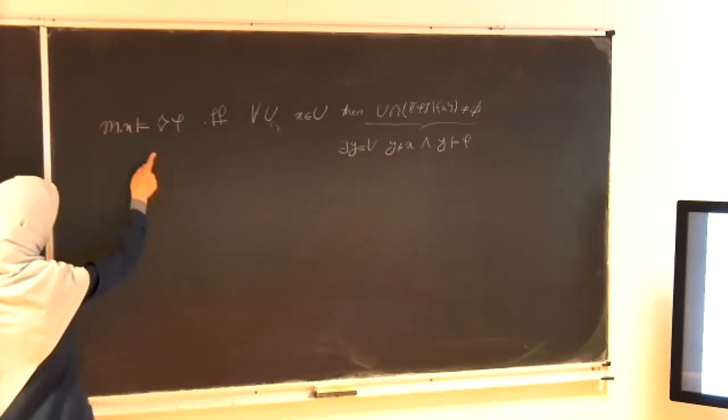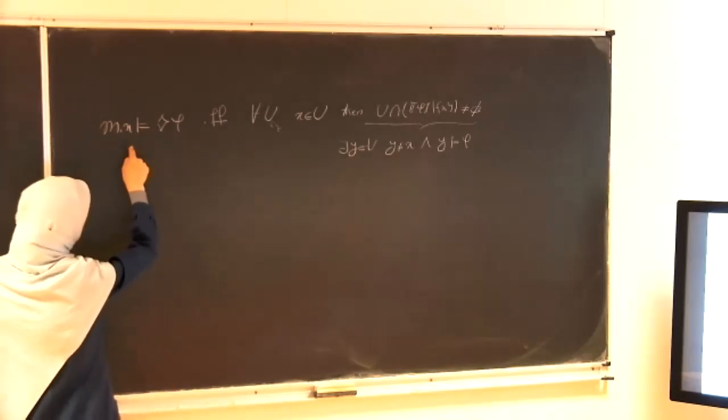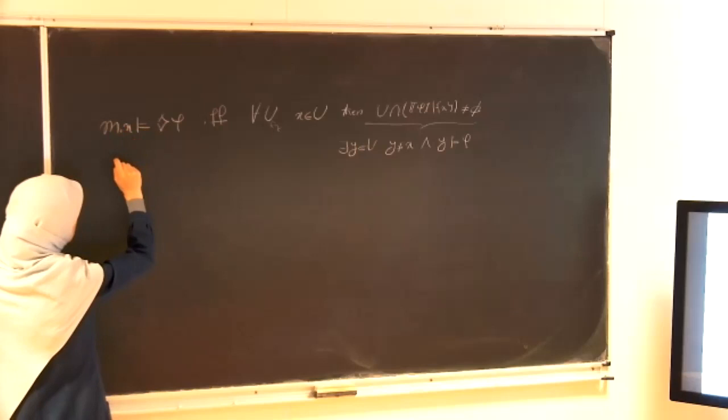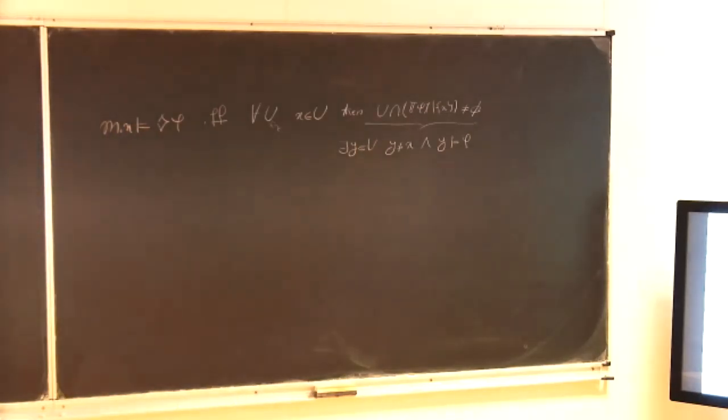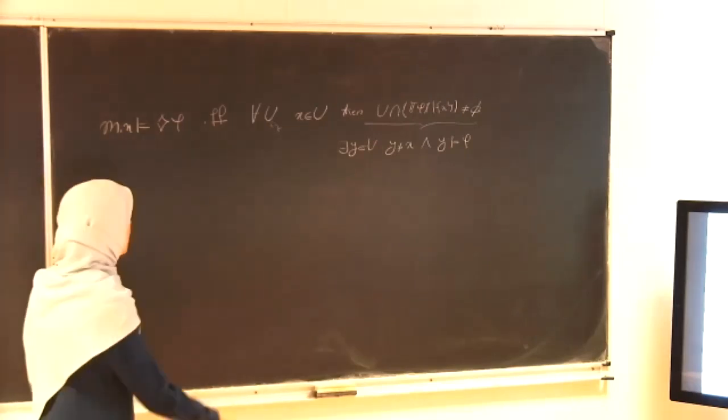So diamond phi is true in x if each neighborhood of x contains some point not equal to x at which phi is true.